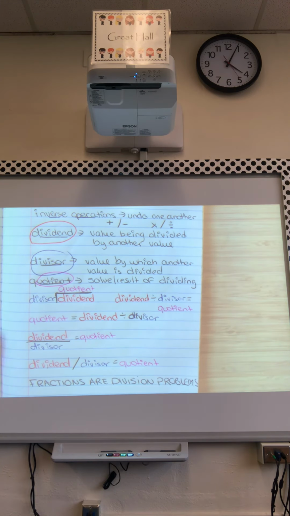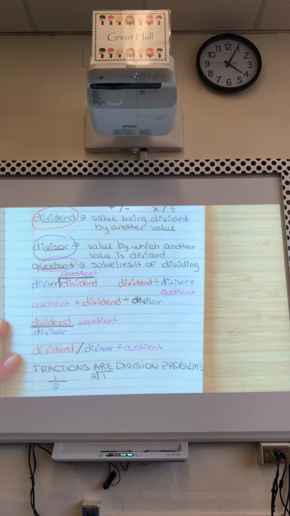So when you see a value like 1/2, that value is equal to 1 divided by 2, and when you have 1 divided by 2, it equals 1/2. So fractions are division problems.